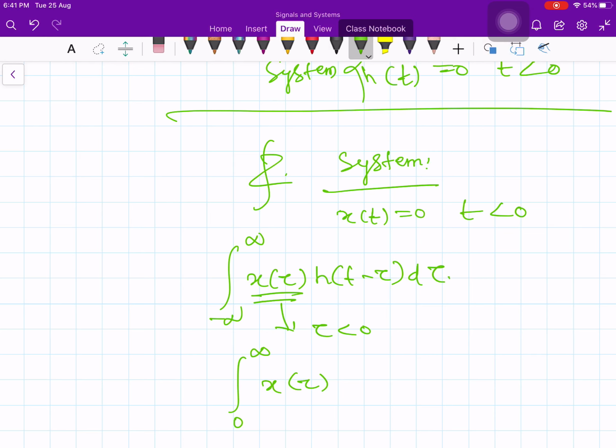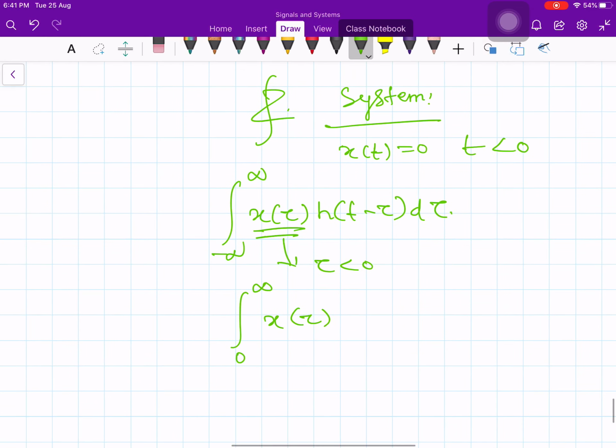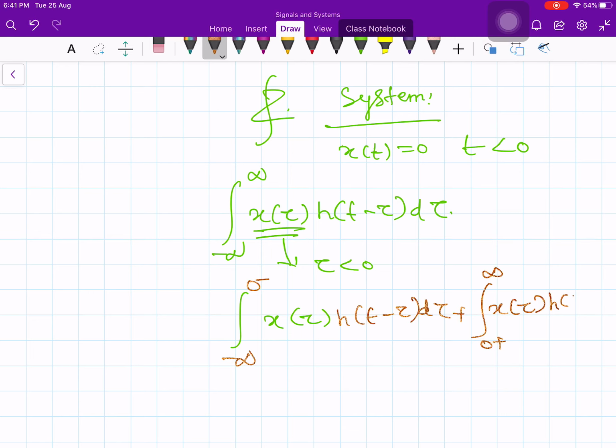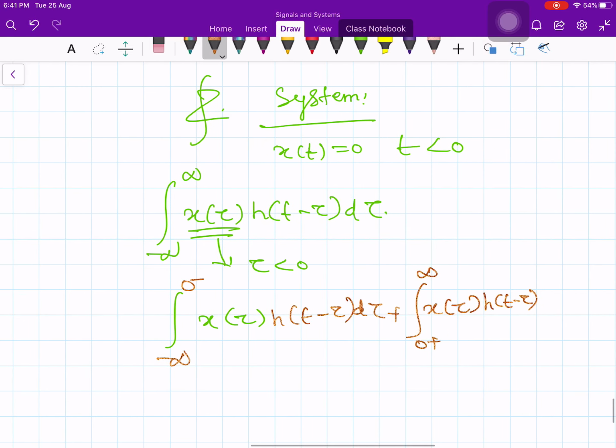Let me write it down clearly. Let us say integral from minus infinity to 0 minus of x of tau h of t minus tau d tau, plus integral from 0 to plus infinity of x of tau h of t minus tau d tau. Now, in the first interval, tau is between minus infinity and 0 minus.